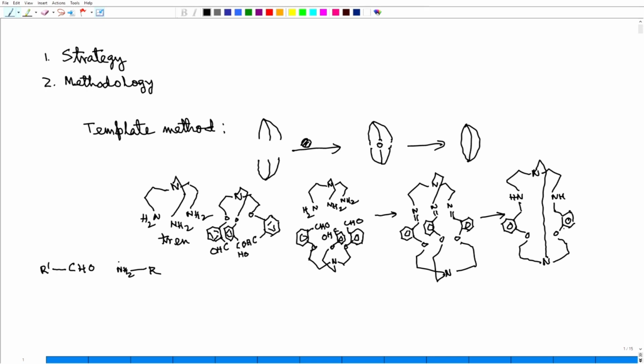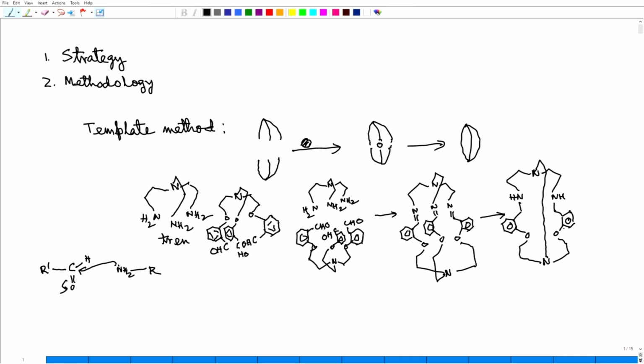If they react, how do they react with aldehyde? They react like this. Typical reaction: it will go there, and then the lone pair will attack the carbon to form the imine. From the imine I will get amine, and then I will get a stable cryptand.